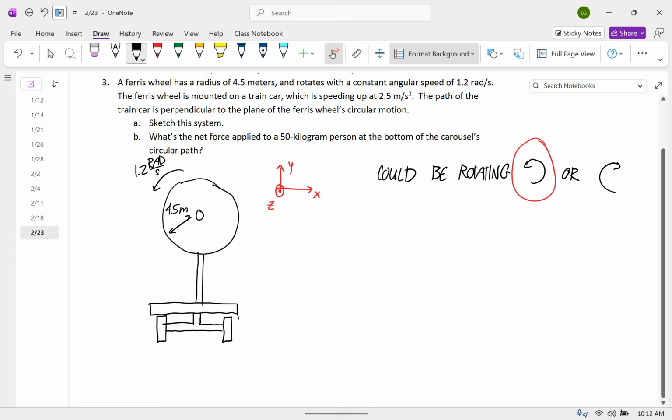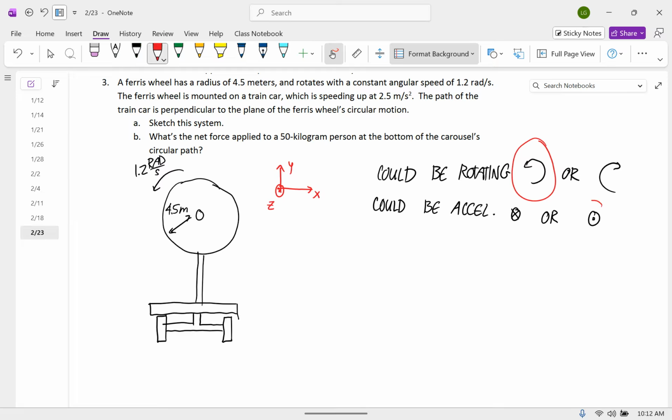And the train could be accelerating into the page or out of the page. I'll choose this one. Those are both just arbitrary choices. Actually, the direction it's rotating is not going to affect the acceleration, but the direction that the train is accelerating will.